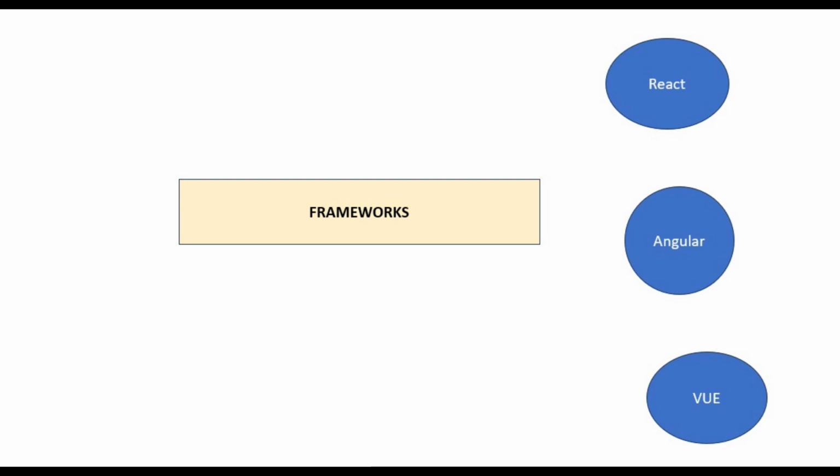They make our job faster. That's why a lot of companies use these frameworks such as React, Angular and other tools. Technically React is a library. Most of the websites use React.